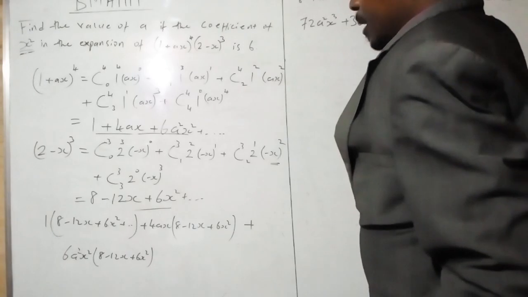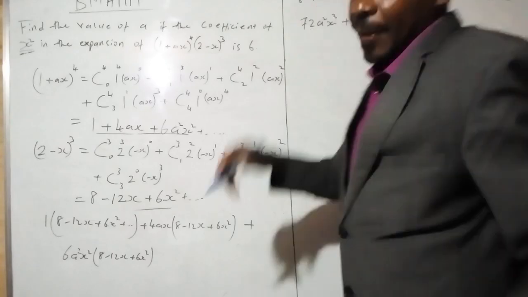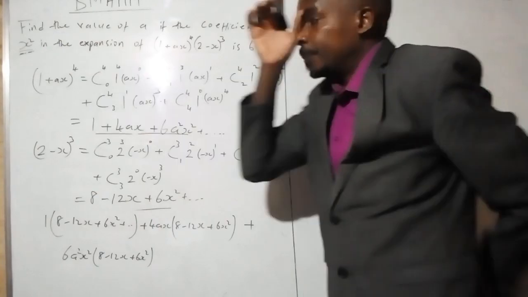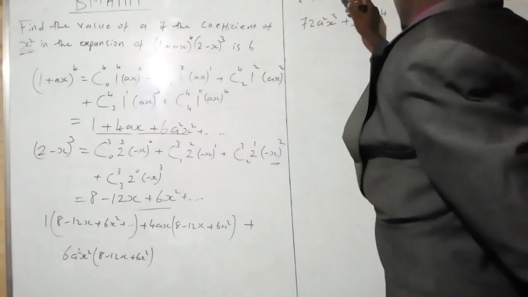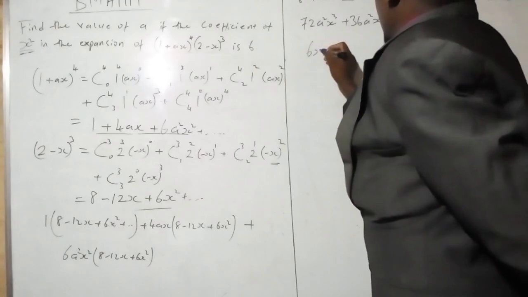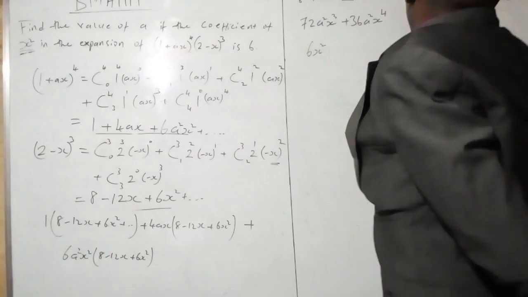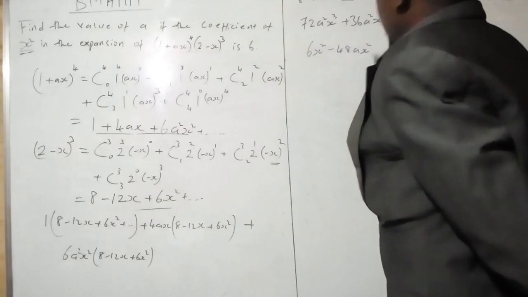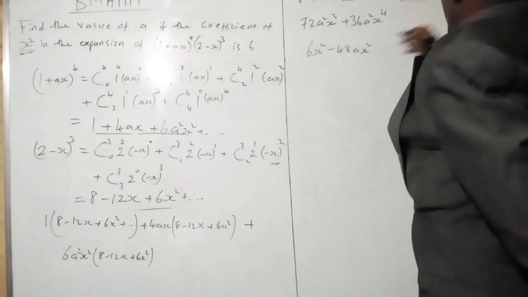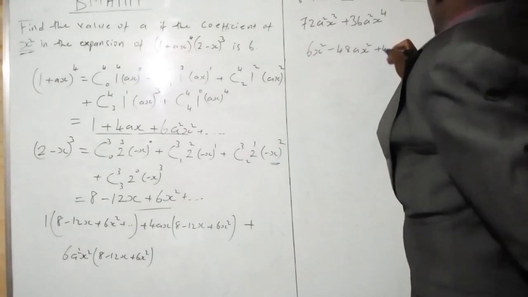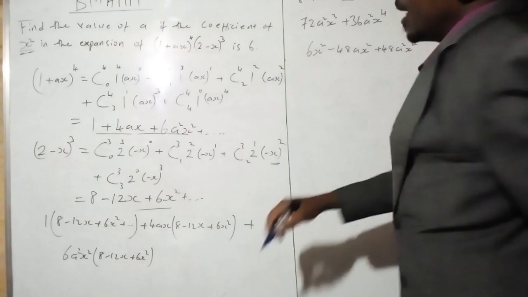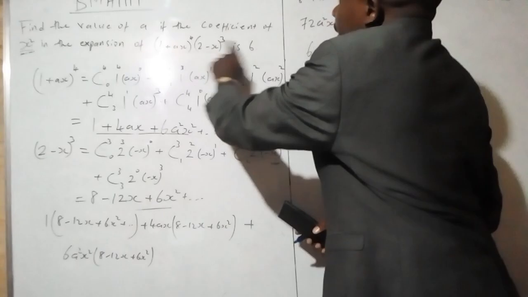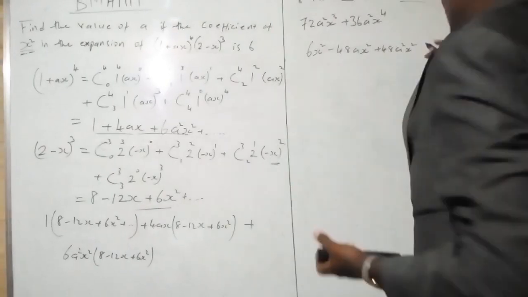But in our case, we want up to x squared. So we take 6x squared, then negative 48ax squared, plus 48a squared x squared, and the coefficient of x squared in the expansion is 6, which means we are going to equate the whole of this with 6x squared.